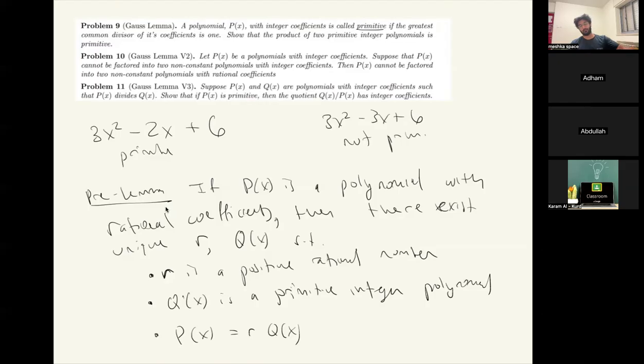So the point is, if I have a polynomial with rational coefficients, there's going to be a prefactor that's just a positive rational number, and a primitive integer polynomial. So for example, here it would be 3 times x squared minus x plus 2. So 3 is your rational number, and then this is your primitive integer polynomial. Does it make sense?